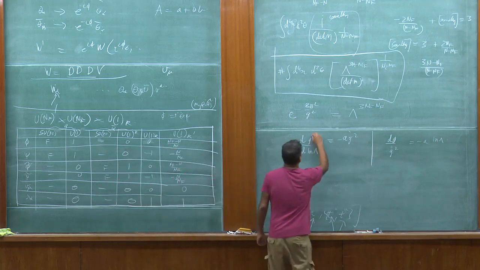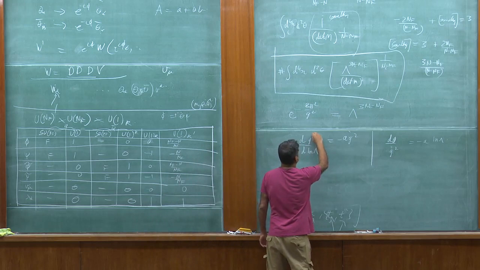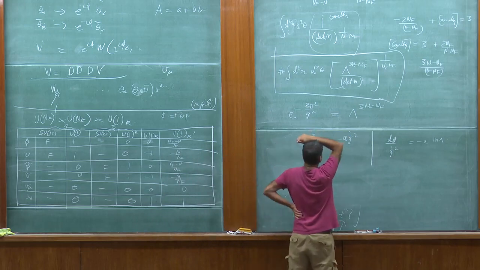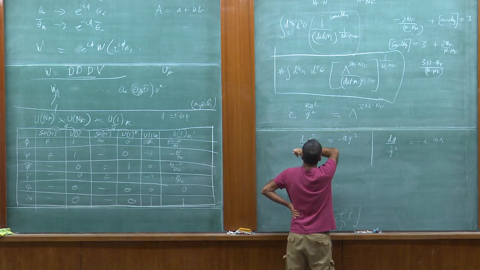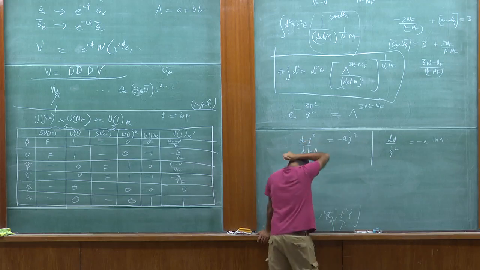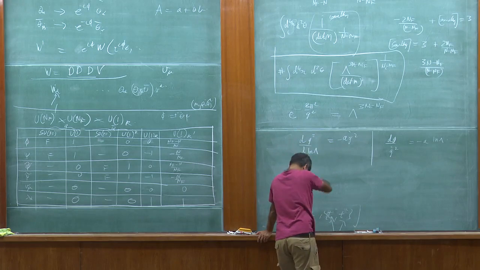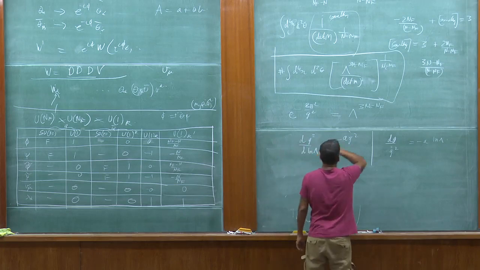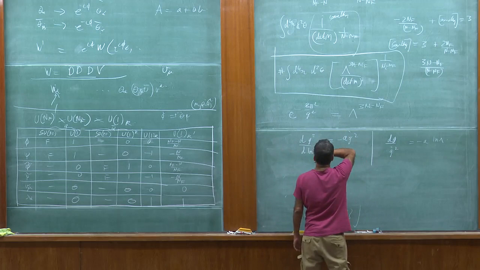Let me write this as g square. Sorry, is this g or g square? You want 1 by g square after integration? Just one second, the beta function. It's probably g squared and g to the 4.